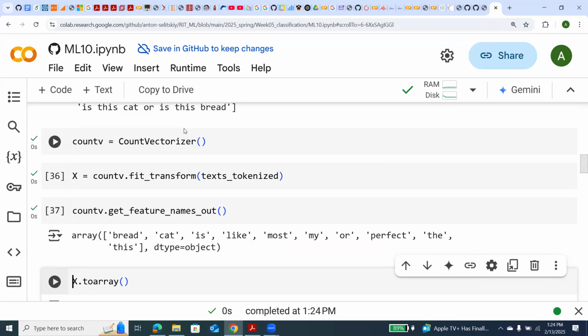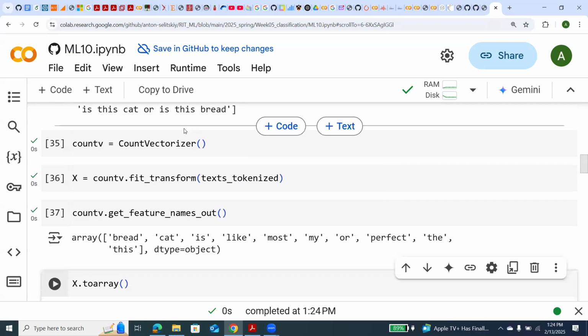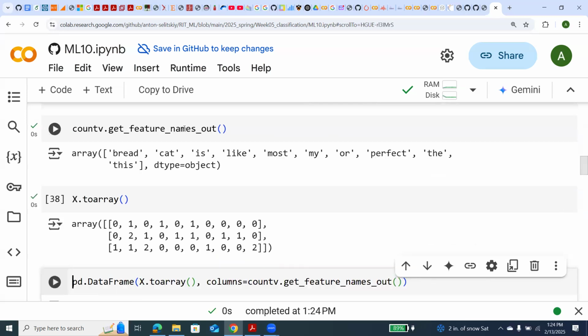And as you can see, there is no I because by default it removes stop words. So there is no I in this list. After that, the output X will be a sparse matrix, and to see the elements of the sparse matrix, we use this toarray. This is how our sentences were transformed into lines.